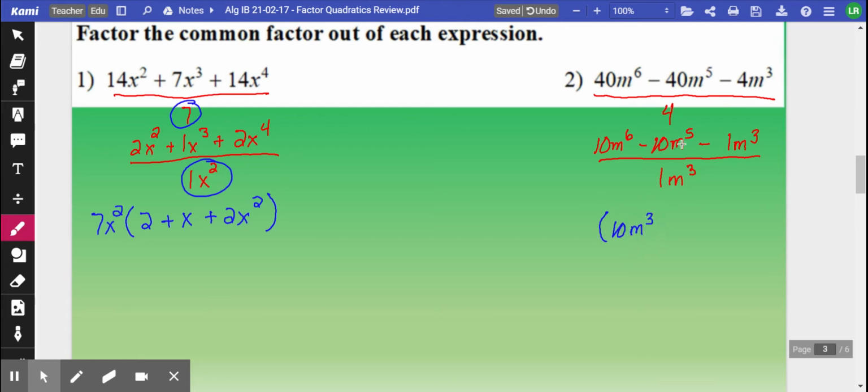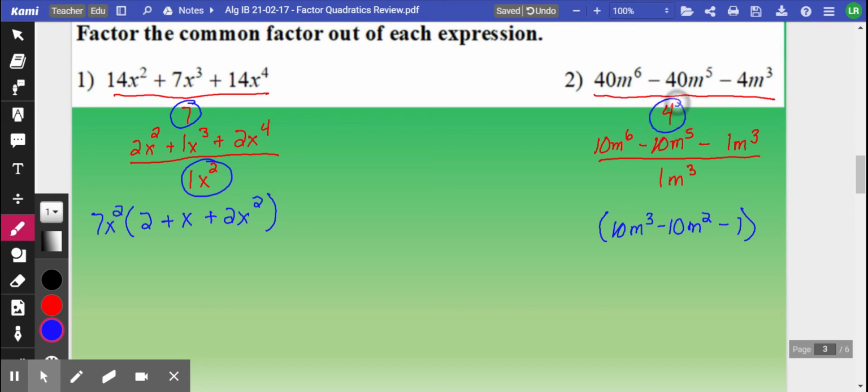I'm dividing out m to the 3rd here, so I'm going to take 3 of those exponents, and that's going to be minus 10m squared. And I'm going to take all 3 of those m's, so that's going to leave me with minus 1. Oops, I accidentally wrote a 3 there and said squared. 10m squared minus 1. Don't forget, need to multiply those. That's going to leave me with 4m to the third.